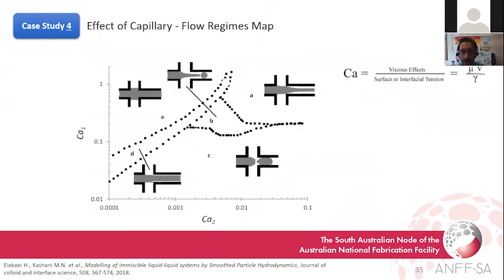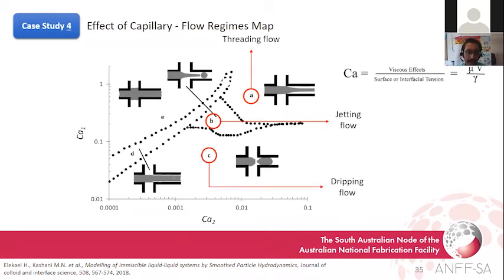This flow regime map is the outcome of the simulation. So the capillary number represents the relative effect of viscous drag force versus surface tension force acting across an interface of two immiscible liquids, as I'm pretty sure you know. For example, if you choose both liquids to have a high capillary number, you will end up with a threading flow. But if you choose both liquids to have a moderate capillary number, you will end up having a kind of jetting flow.